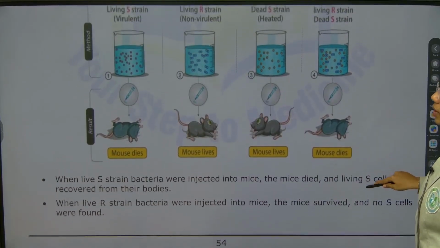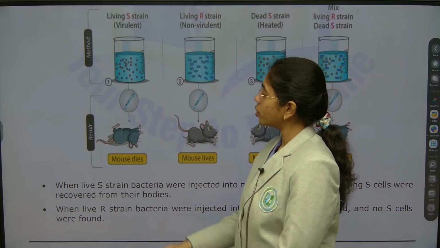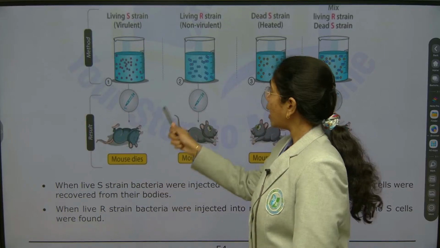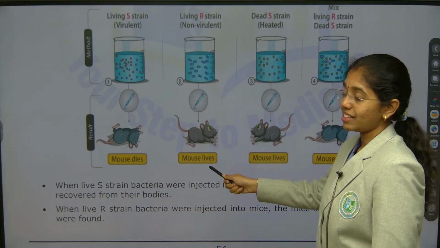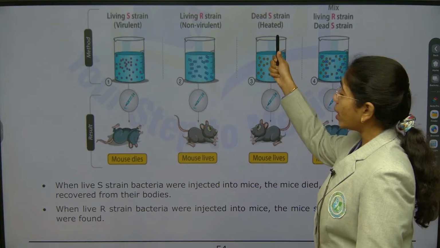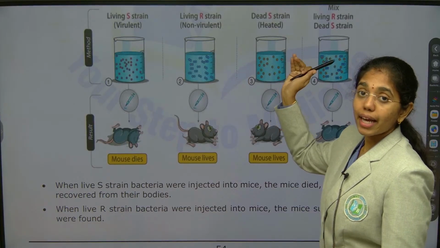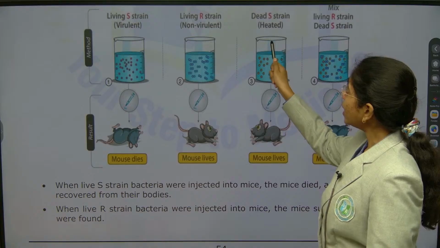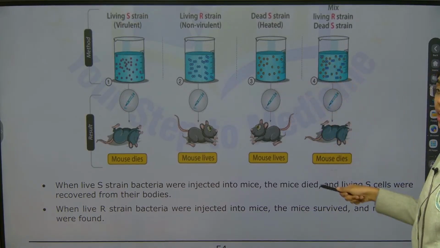Here we go. The experiment goes like this. First, when the virulent strain, that is the S strain, is injected into the mice, the mice will die. When the non-virulent strain is injected into the mice, the mice live. When the S strain bacteria is heat killed and injected into the mice, the mice live. When this heat killed S strain is mixed with the R strain, again the mice die.